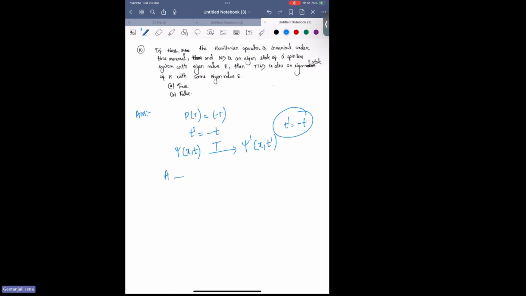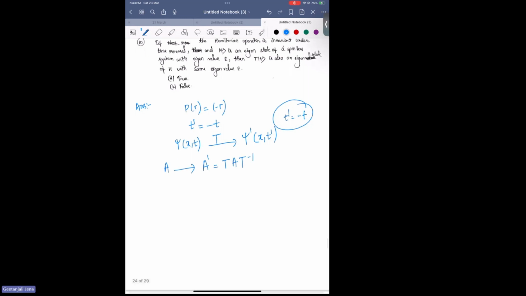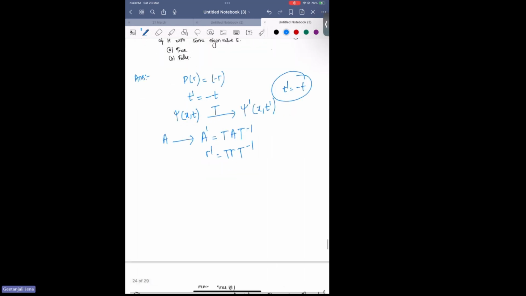If you have an operator A, then under time reversal it will become A prime, which is equal to T A T inverse. And if the operator is r, then under time reversal it will become T r T inverse.